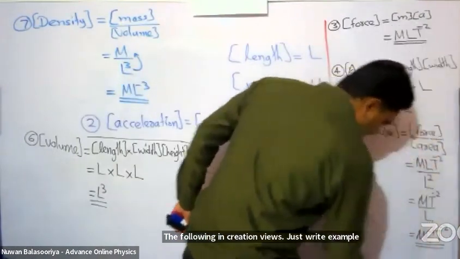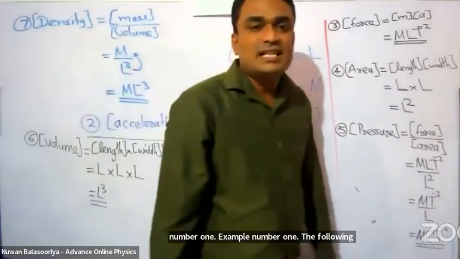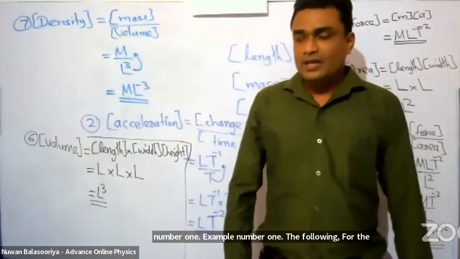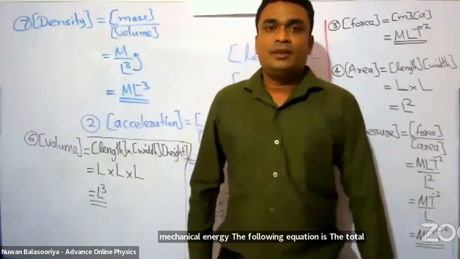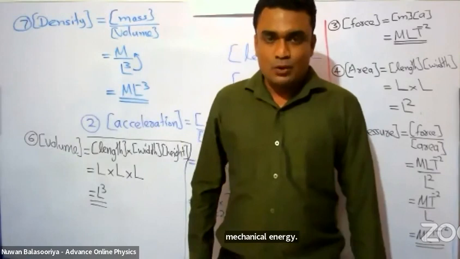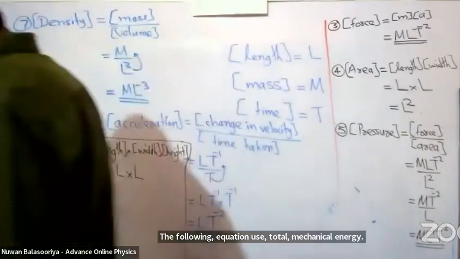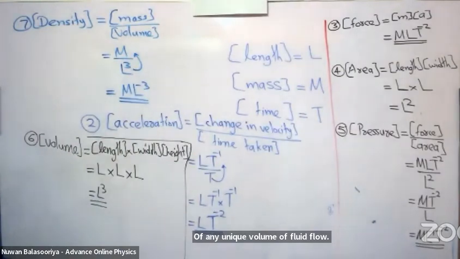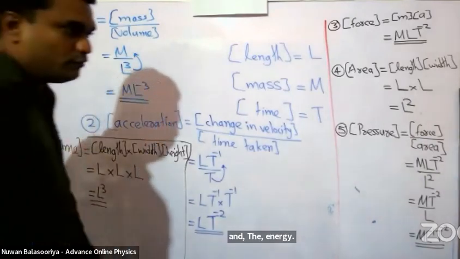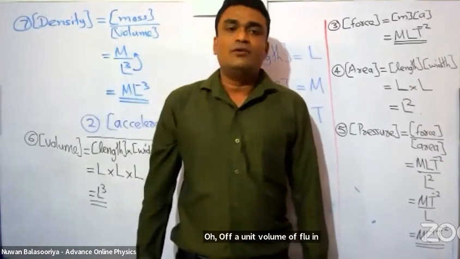The following equation gives the total mechanical energy of a unit volume of a fluid flow.